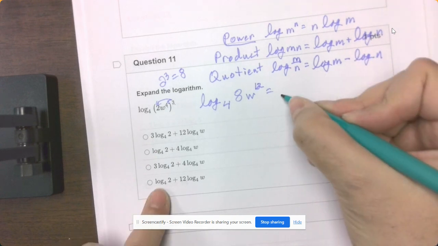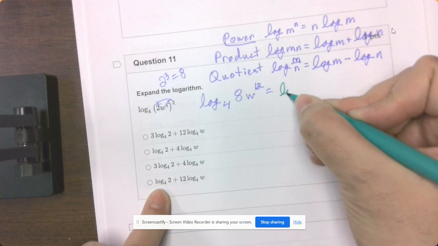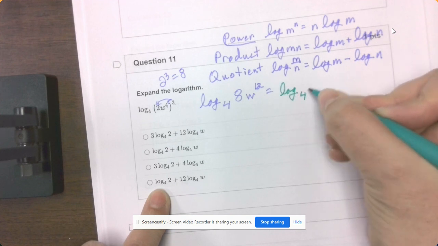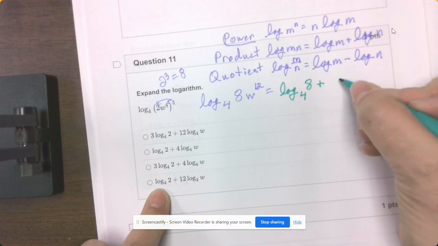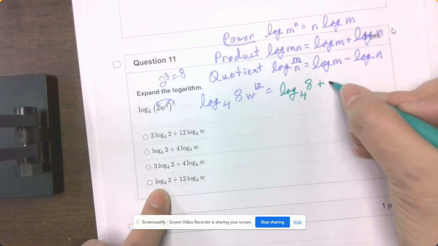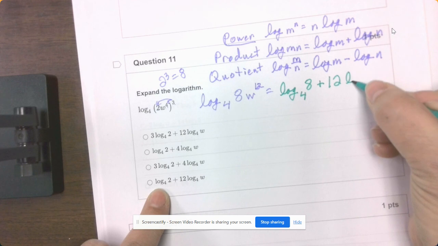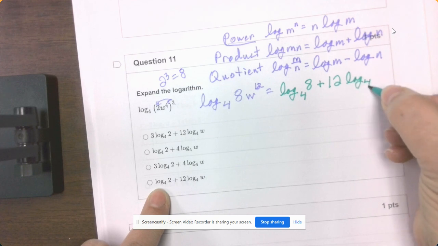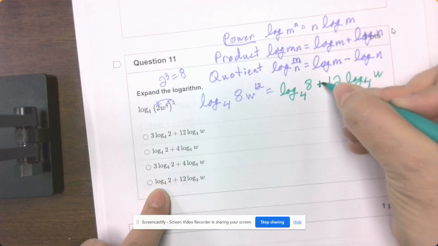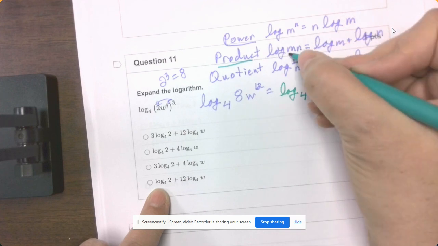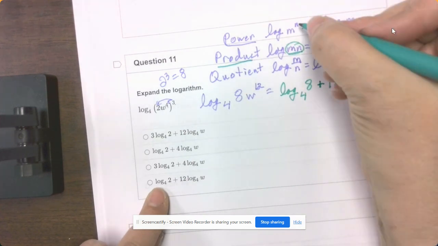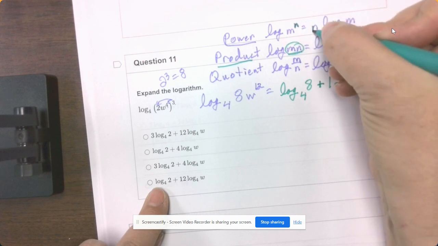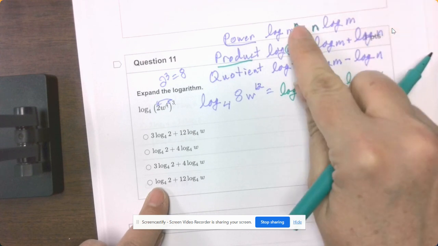So we're going to do log base 4 of 8, plus that exponent, everybody, we're going to move in front. Log base 4 of w. Okay, and everybody, it's plus because it's product. We're multiplying them together. And then we also use the power property. We just move that exponent in front of our log.